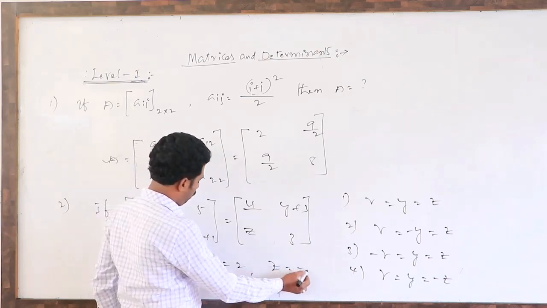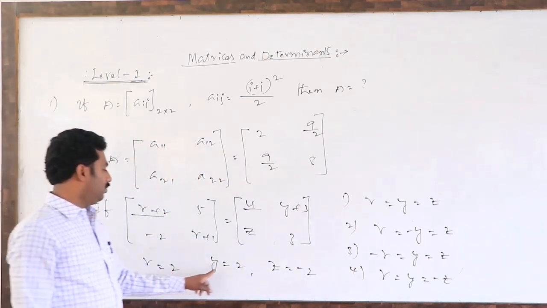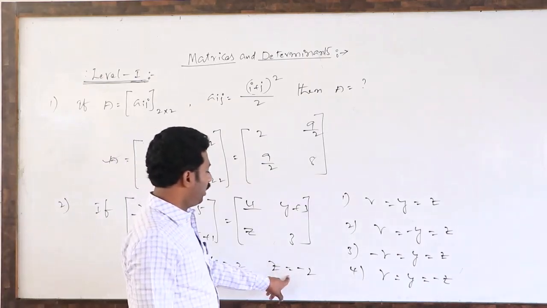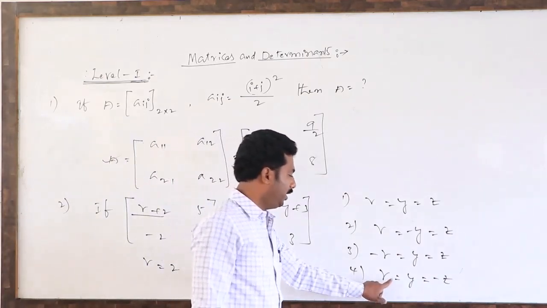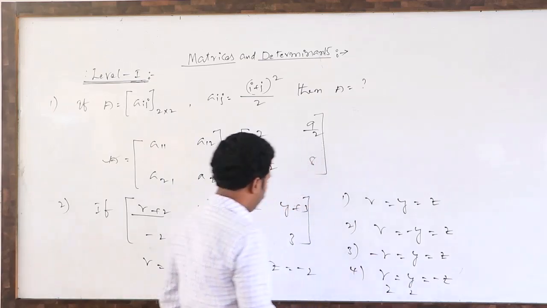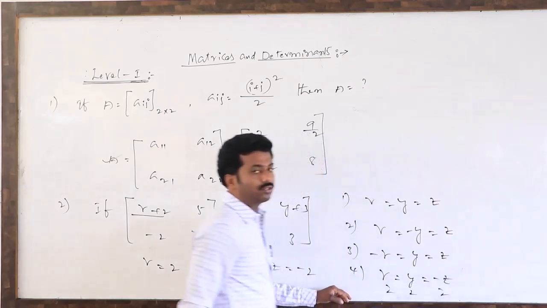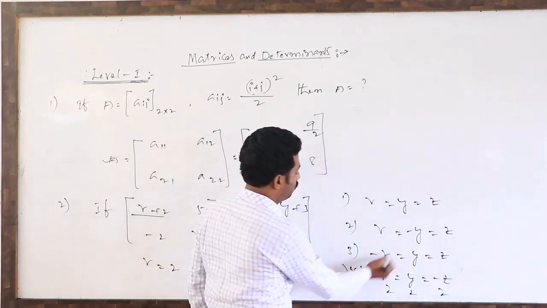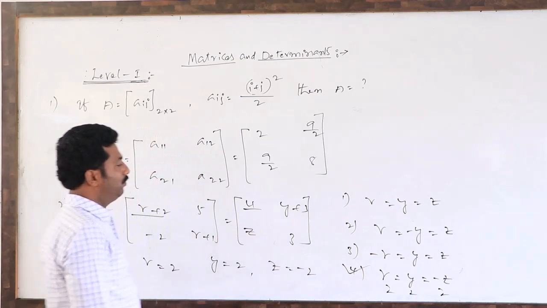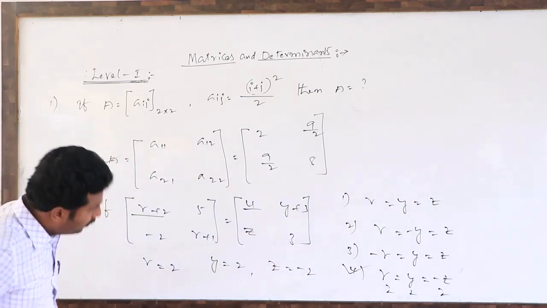So you observe x equal to y equal to minus z. Clearly x means 2, y means 2, z value minus 2, minus z means 2. So all the three values are equal. So we can give the fourth option as the correct answer. Next.